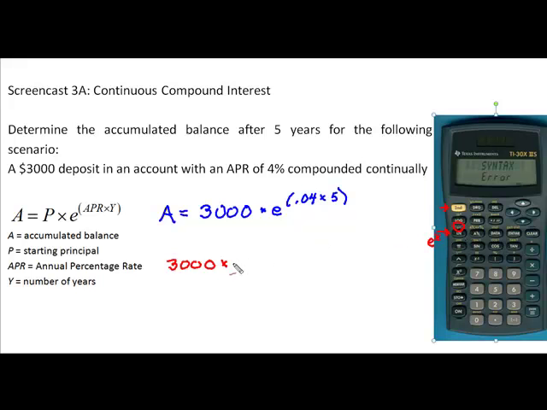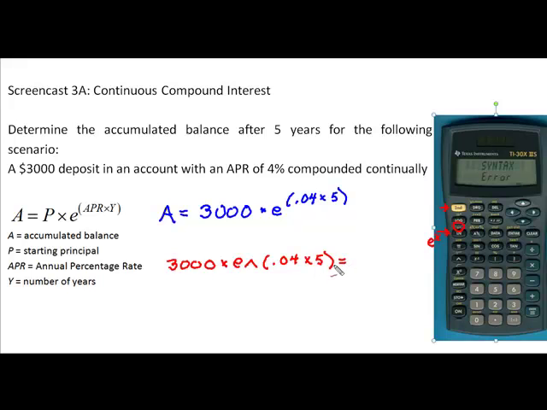So as soon as you press that, you're going to see e. You're going to see the caret key pop up, which remember in the previous problem I told you means that an exponent follows, and also for you will open a parenthesis. You then put in the 0.04 times 5, close the parenthesis, and press enter.